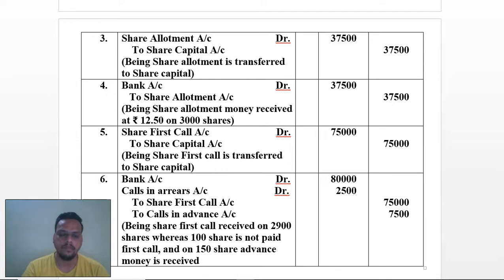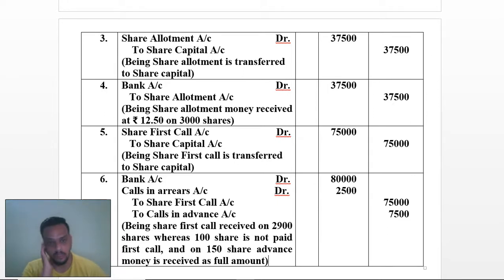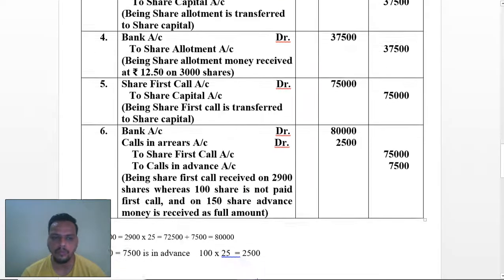Advance money received as full amount. So you can write your being according to your needs. You need to make sure that whatever you are writing contains what has been written in your entry. So my one question has been completed for you.